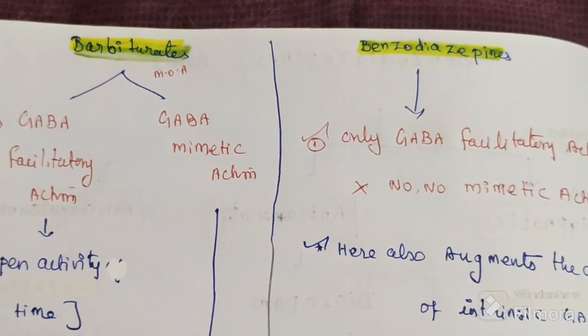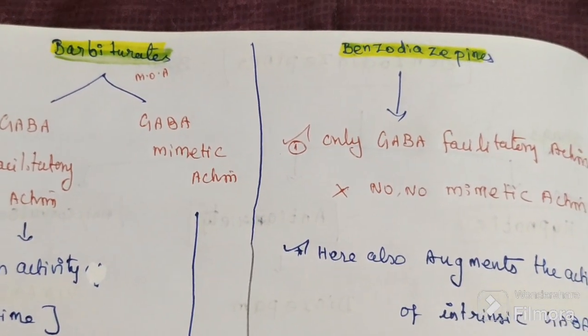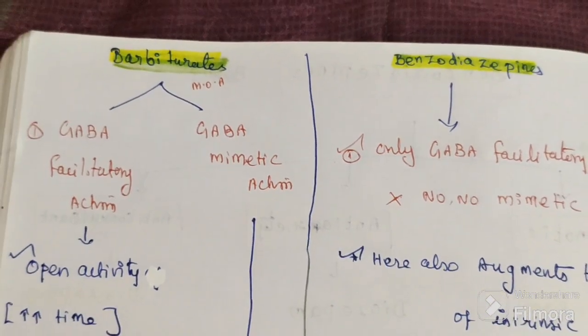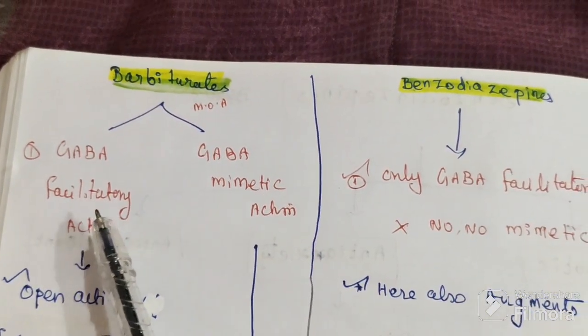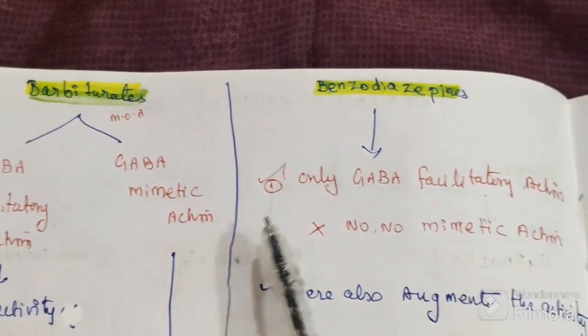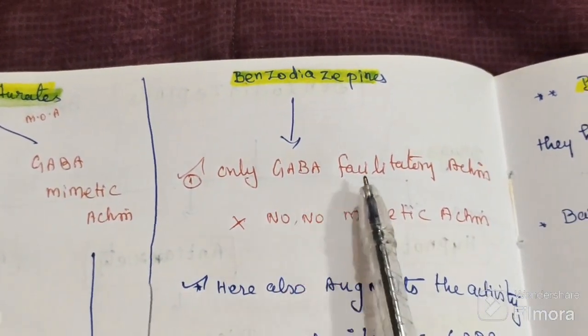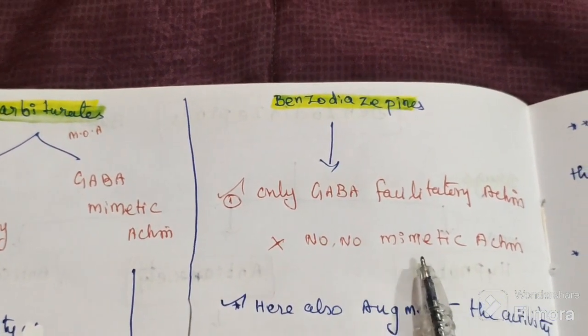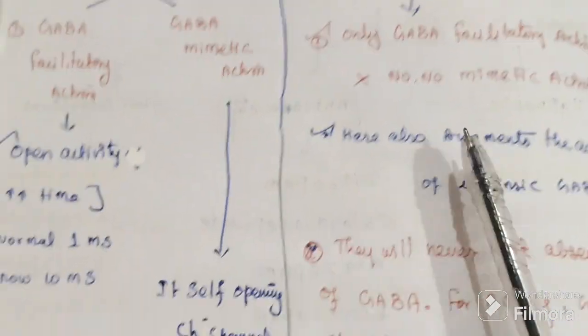What are the differences between barbiturates and benzodiazepines? In the mechanism of action, barbiturates have GABA facilitatory and GABA mimetic action. Here only GABA facilitatory reaction happens, and it never does the mimetic action.